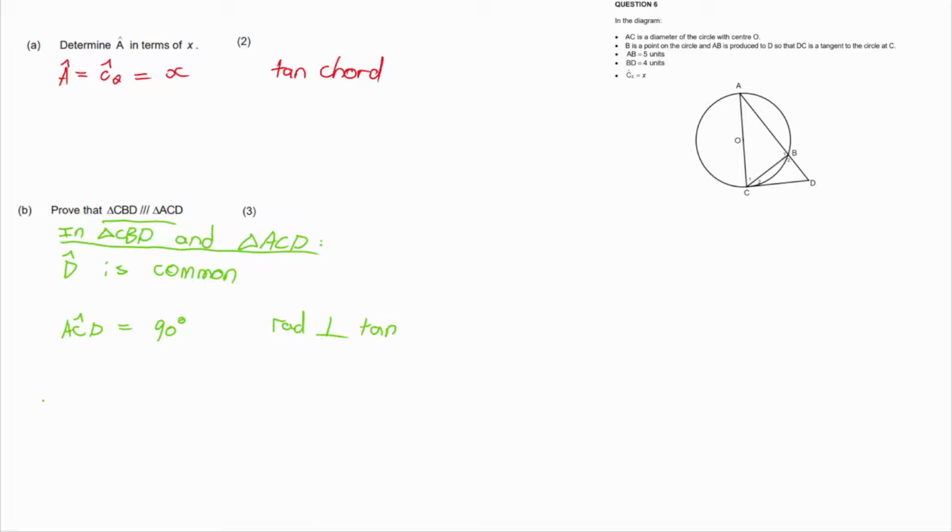And we know that B2, well, let's first say that B1 is equal to 90 degrees, and that's because of angles in a semicircle. So that means therefore B2 is equal to 90 degrees, and that's because of adjacent angles on a straight line. You can just write straight line like this.